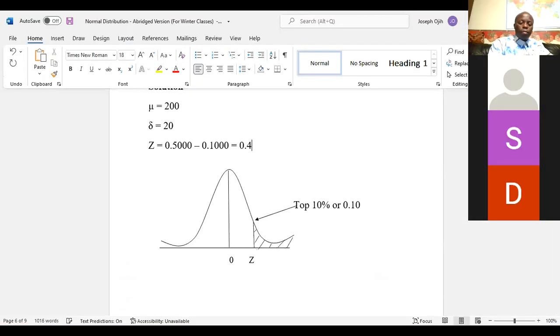Now we go to our table of normal distribution to find the Z value that corresponds to 0.4000. If we don't see it, we use a number that is closest to it. So let's open the table of normal distribution, and then you can now see that we look for 0.4000 on that.